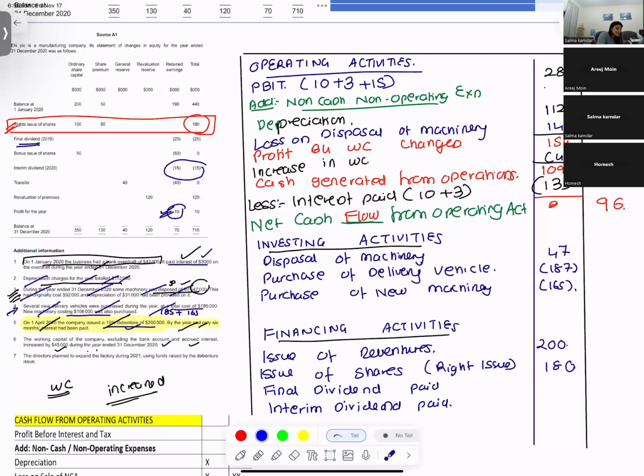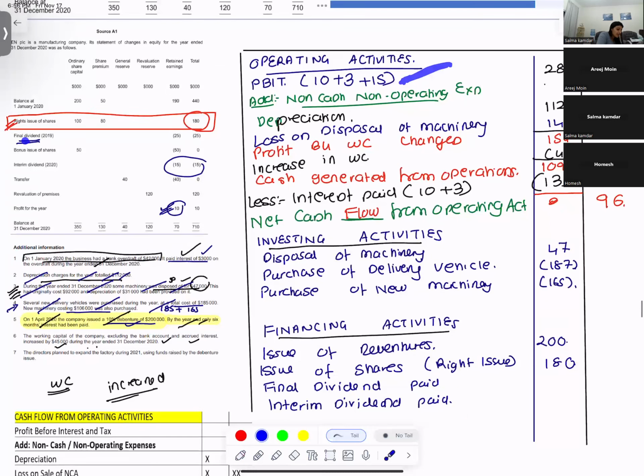But when finding profit before interest and tax, you will only record the interim dividend because the final dividend is of the last year. So what is your total dividend paid? Money is going out. 25 is for final dividend. 15 is for interim dividend.